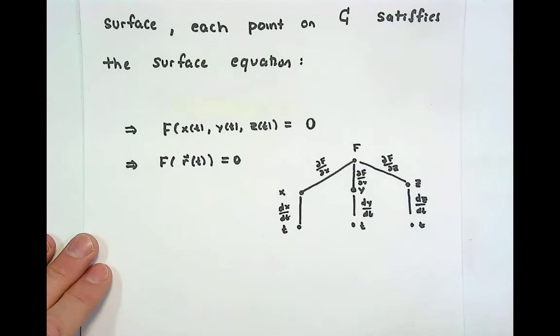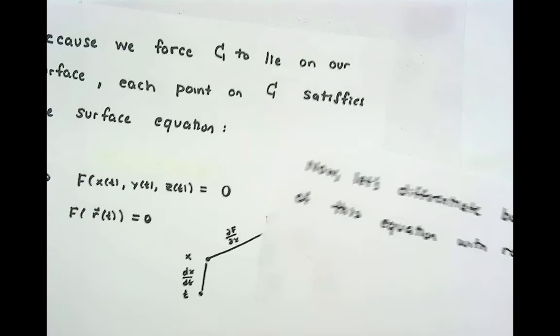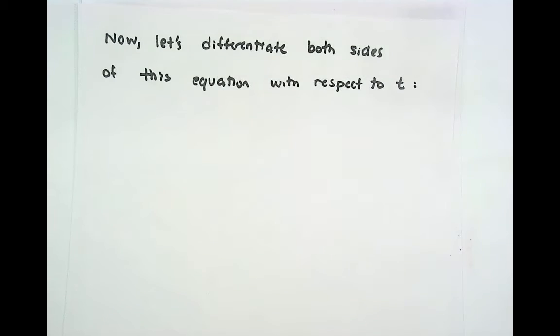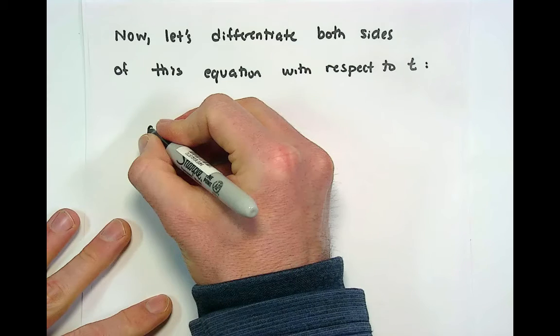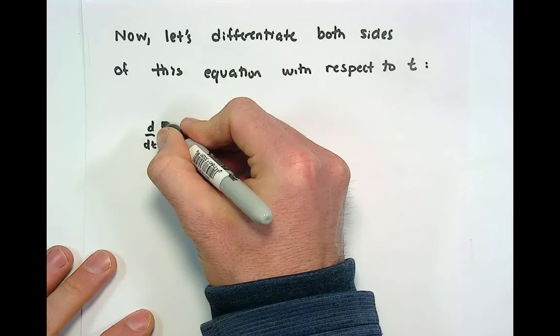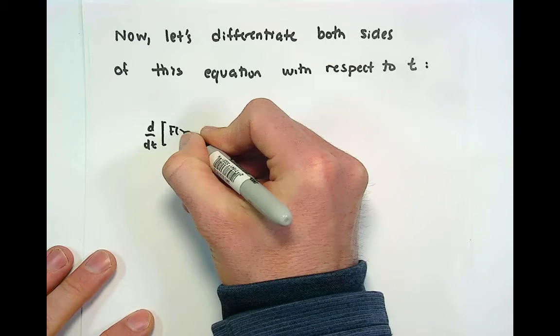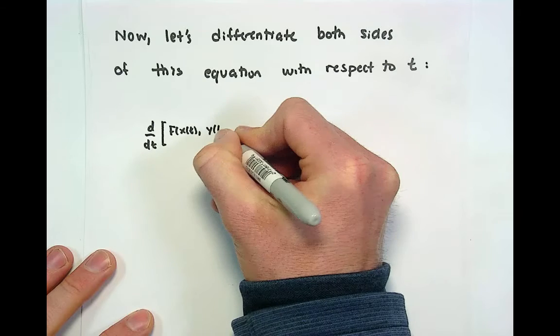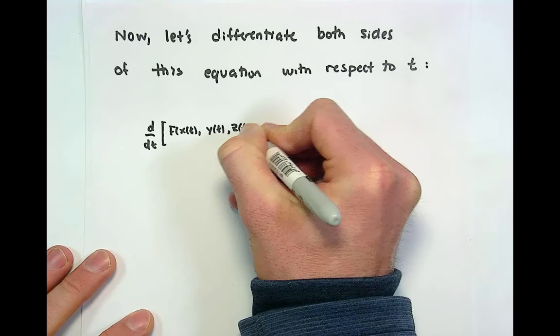So if we wanted to find the slope of the tangent line or the direction of the tangent line, we could say to ourselves, well, let's go ahead and take the ordinary derivative of this thing, f of x of t, y of t, z of t.